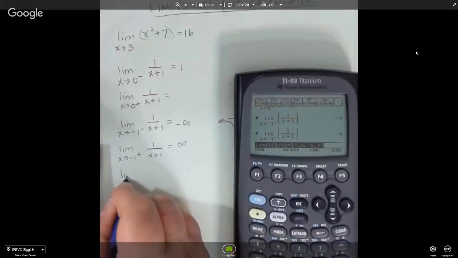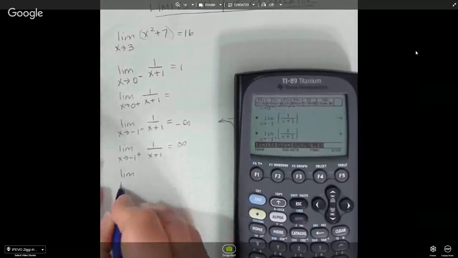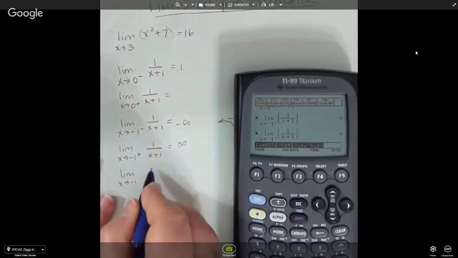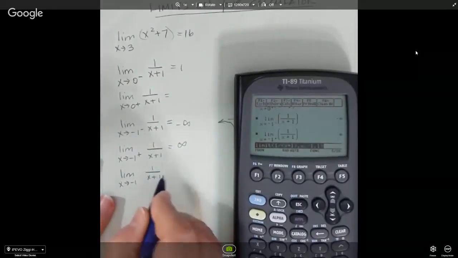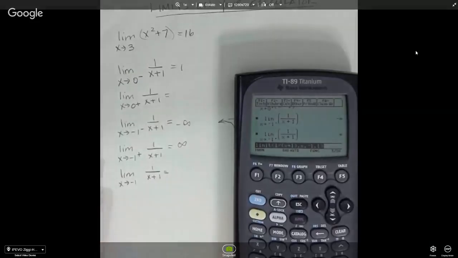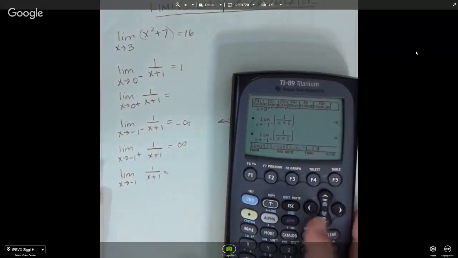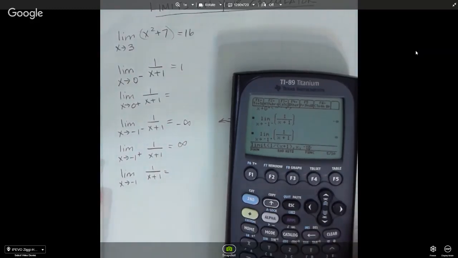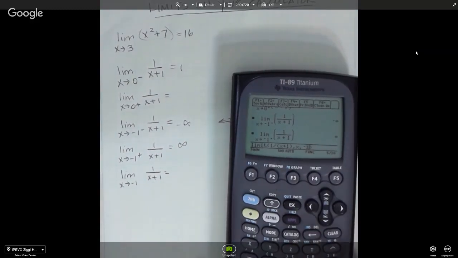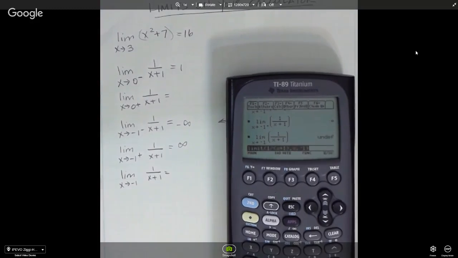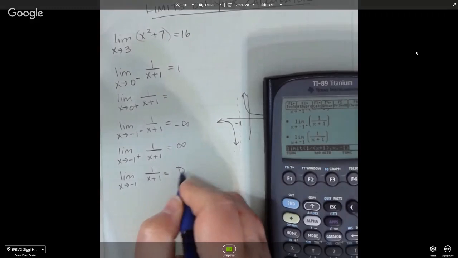Now, I guess the question is, is the calculator smart enough to know from both sides what's going on? Well, let's see what happens when I take away the side. Oop. Well, the calculator says it's undefined, which means it does not exist.